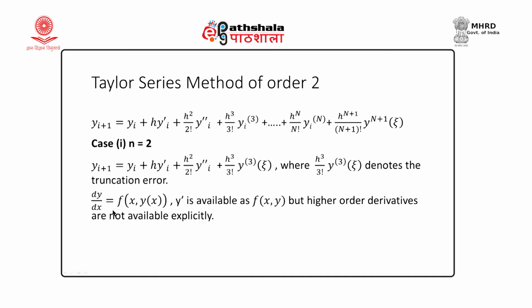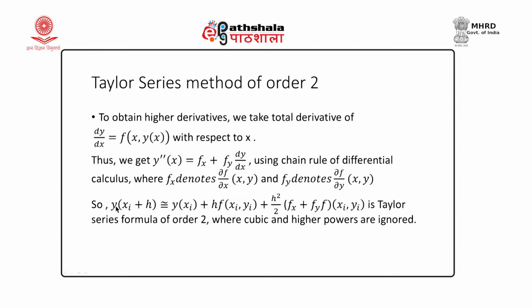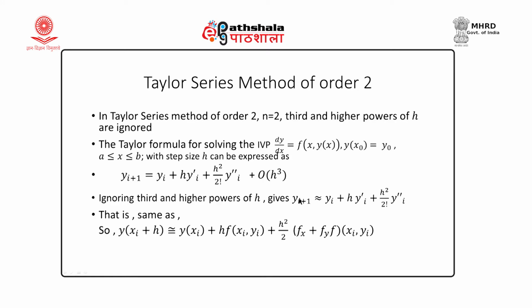In the previous slide which we had given, we can substitute here the value of y double dash, and what we get is yi plus 1, that is y at the point xi plus h, approximately given by y at the point xi plus h yi dash, which is f(xi, yi), plus h square by 2 times y double dash, which is fx plus fy into f at the point xi, yi, and the third and higher degree terms we are ignoring. So, this formula is our Taylor series formula of order 2, which can be used to get the values.